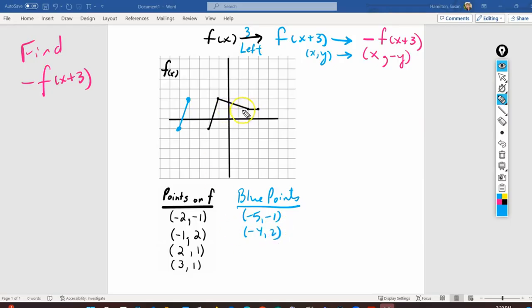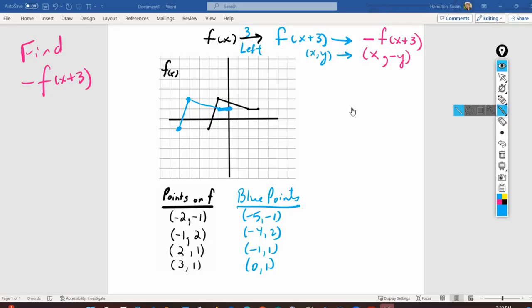Then take this one and go 3 to the left, 1, 2, 3. And that point is -1, comma, 1. And connect it there. And then this point and go 3 to the left, 1, 2, 3. And that point has coordinate 0, comma, 1. And then connect.